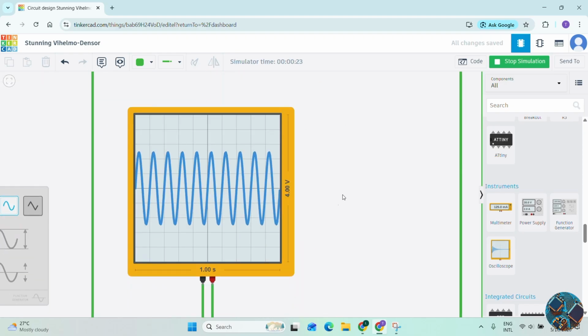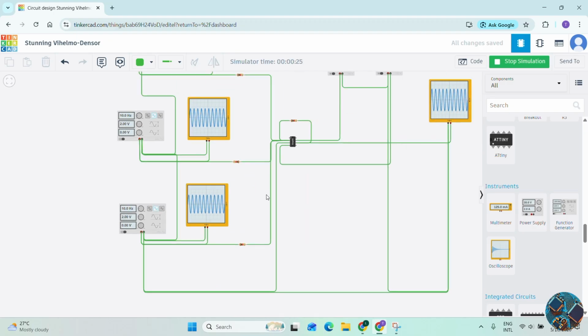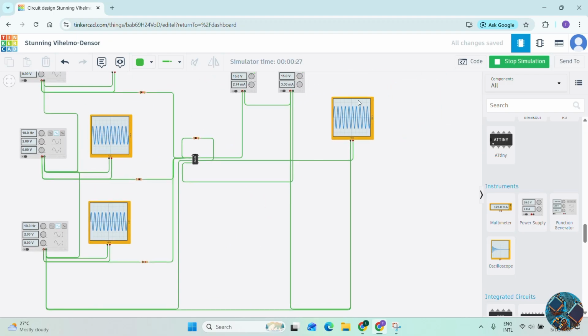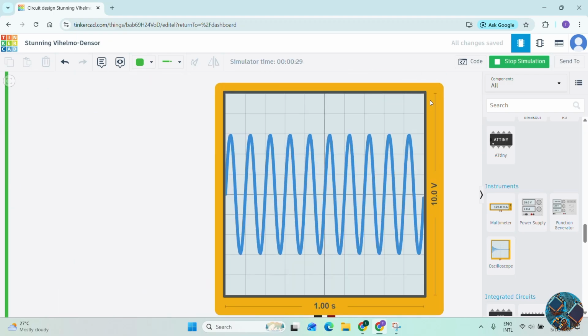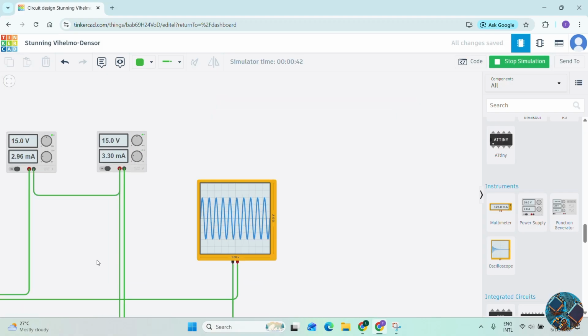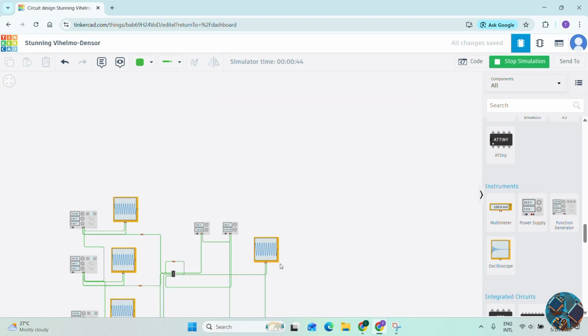This one also same. So check the output signal. So this one should be total 10 voltage. So 1, 2, 3. So 3 means 6 peak to peak, 6 voltage sine wave. So according to our setup, the amplifier is summing the signals.